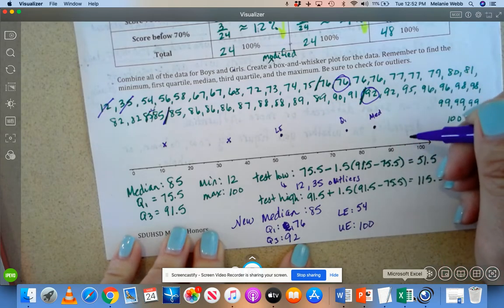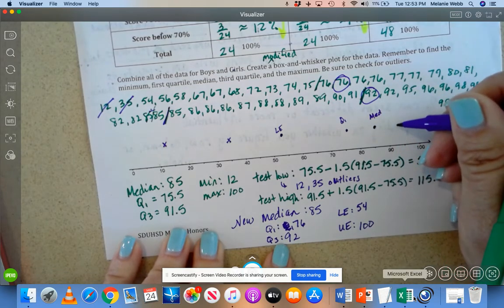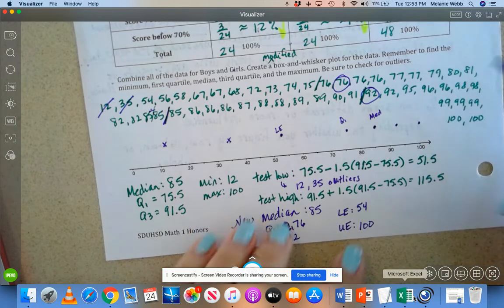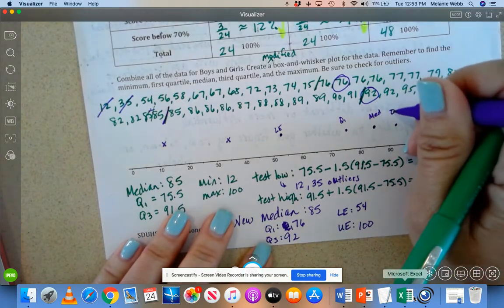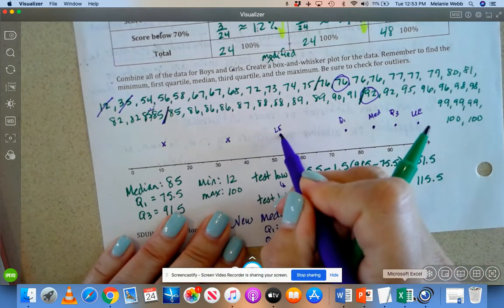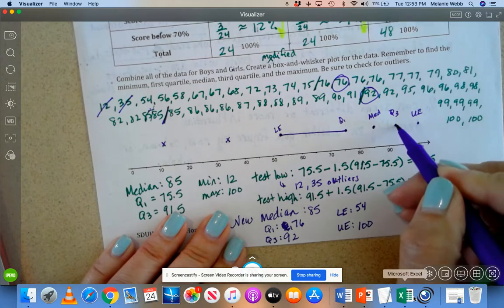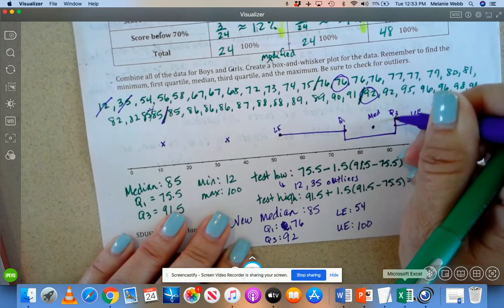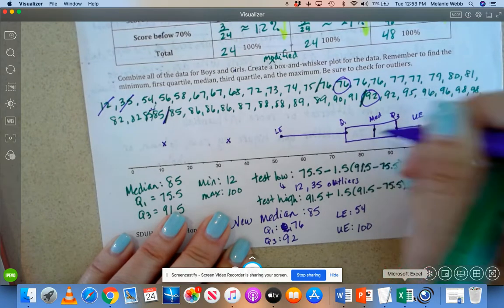My Q sub 3 is 92, so right about here. And my upper extreme is 100. Now I'll connect my whiskers and then draw in my box. So that's the middle 50% of information.